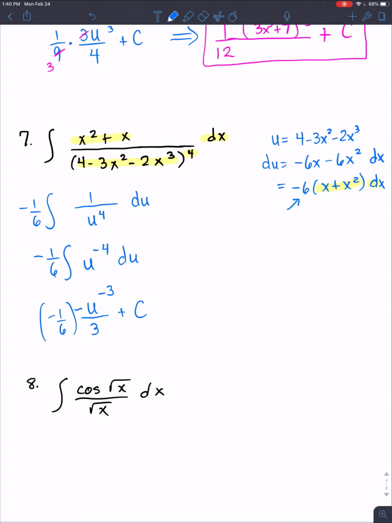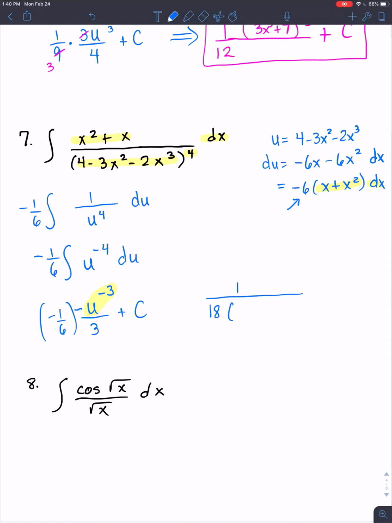So let's just simplify this. Negative times a negative is a positive. Looks like it's going to be 1 over 18 in the bottom. This u to the negative 3 is going to come down to the bottom, so I'll go ahead and bring it to the bottom.